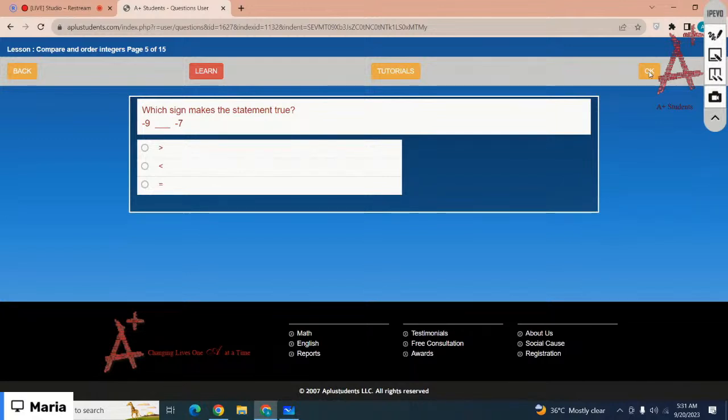Which is the correct option? Negative 9 is, yes, negative 9 is less than negative 7.